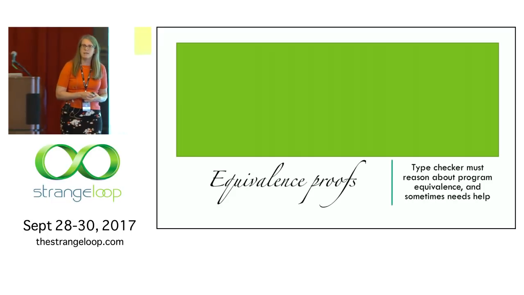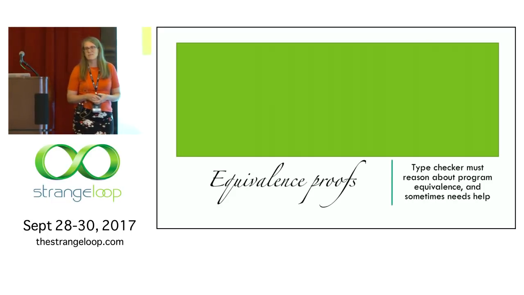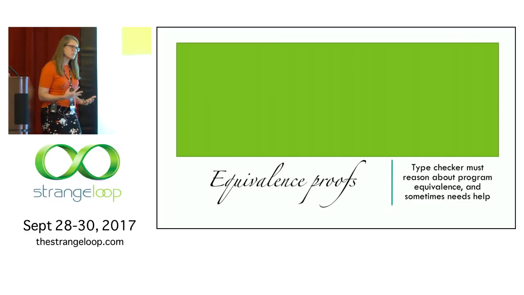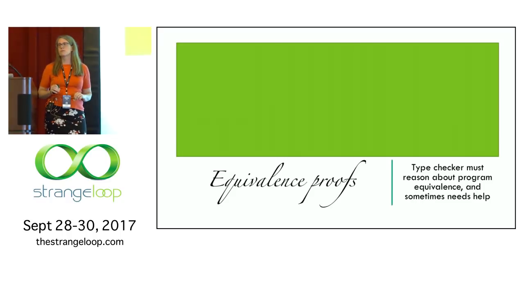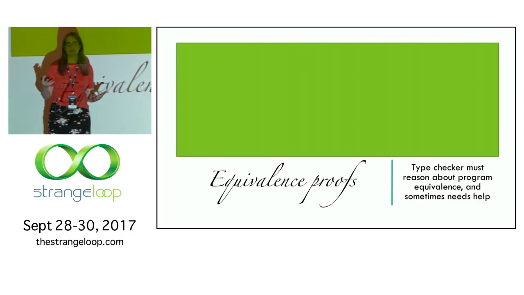OK, so the last bit that shows up when you're doing dependently typed programming is equivalence proofs, some kind of proofs of equality. The reason this shows up is we're working with these really rich types. They have computations embedded inside them. The type checker is asking this question all the time: is this type equal to that type?